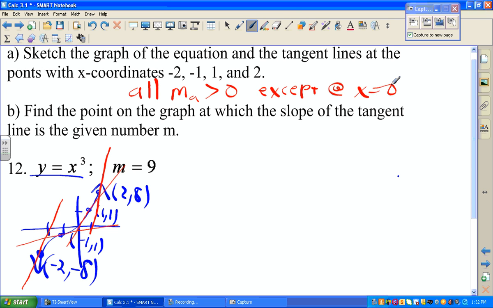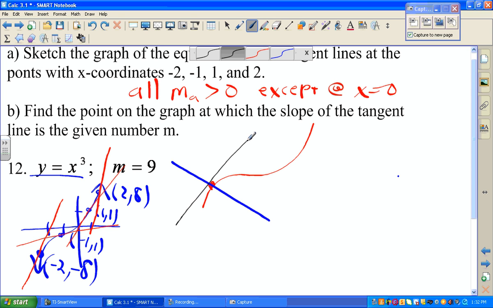Because anytime you look at a line that goes up from left to right, it's positive. If you look at a line that's going down from left to right, it's negative. Oh, because if you're sketching a graph that's tangent right here, you can't make it negative because it'll go through the graph. It has to go with the graph. And if the y's are increasing from one to the next, that's a positive slope.